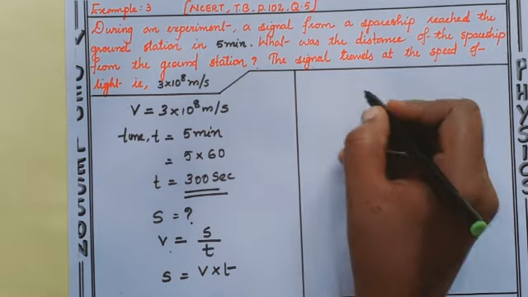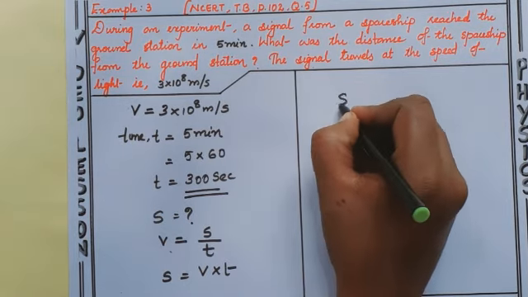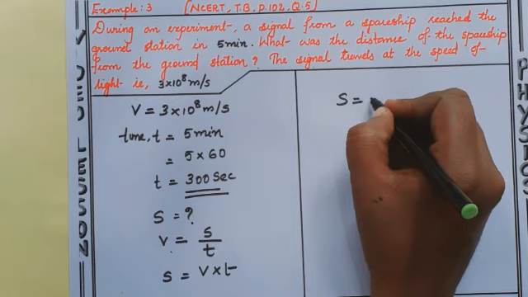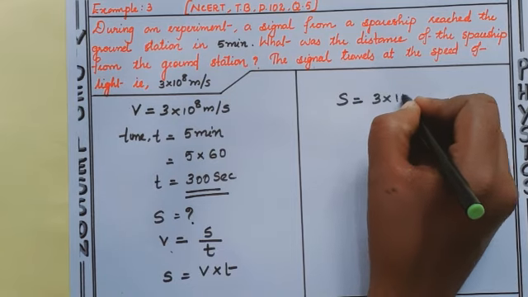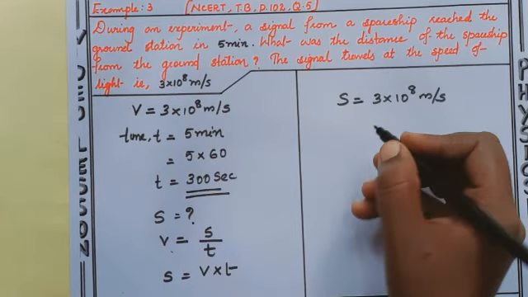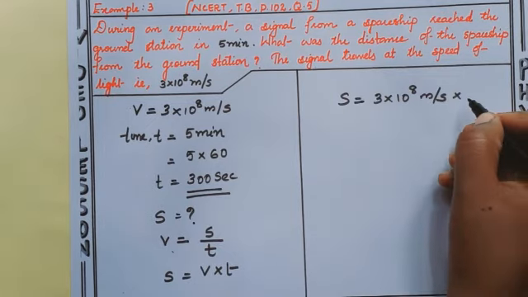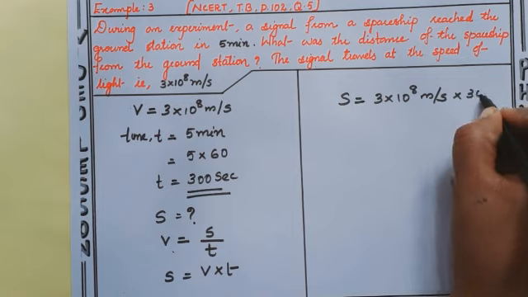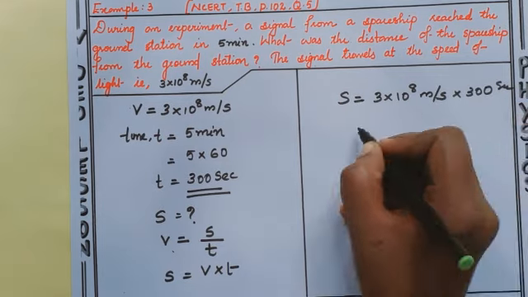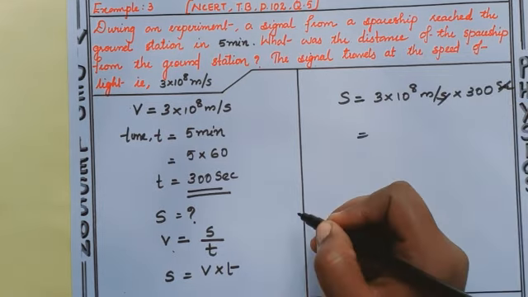Then substitute the values into this equation. V is 3 into 10 raised to 8 meter per second, into the time, 300 seconds. Seconds will be cancelled.